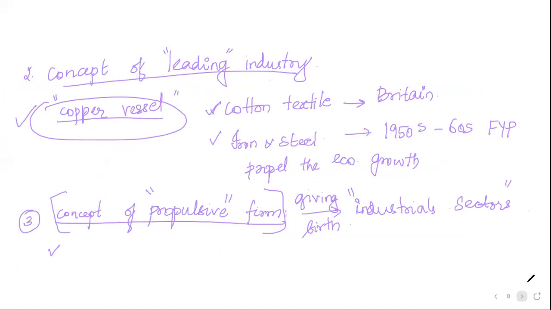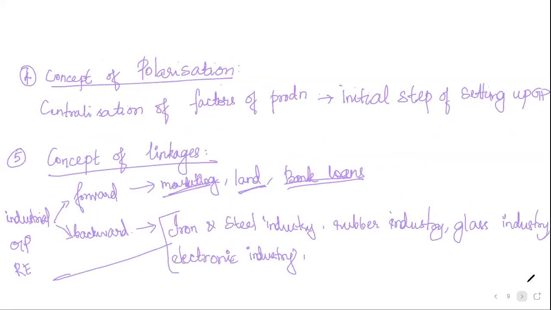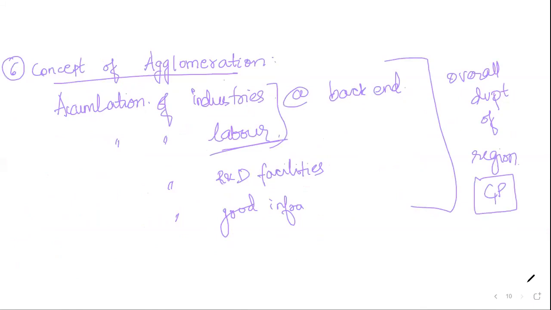It should be a propulsive firm. Again, you can take the example of Tesla. Concept of polarization, concept of linkages, and concept of agglomeration. These are the 6 concepts behind the growth pole model. All right. It's not over. There is more to it. But till this, any doubts?